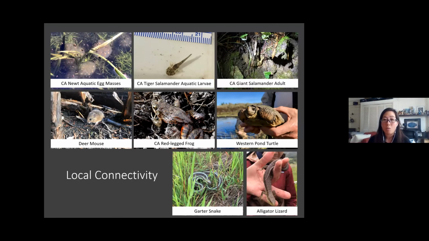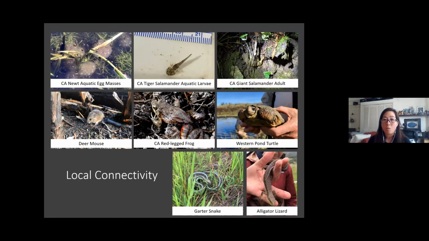I just put these pictures out here to give you an idea of the different species that really rely on local connectivity, whether it's between freshwater and upland grasslands or in riparian streams and the trees. These are a bunch of different species that occur in your area.